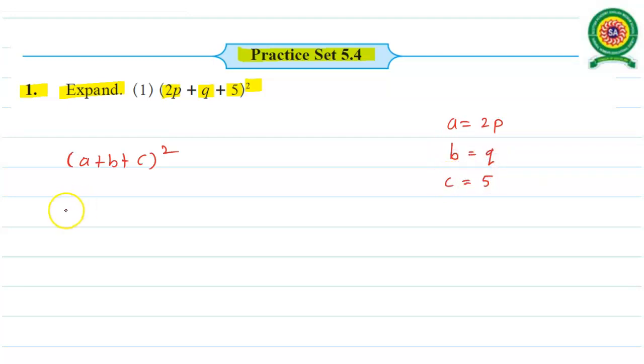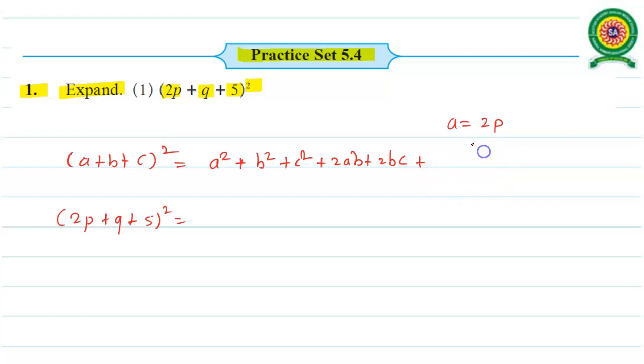So we have the expansion for (a + b + c) the whole square, of the form a square plus b square plus c square plus 2 times ab plus 2 times bc plus 2 times ac. Let's replace a, b and c by their values.